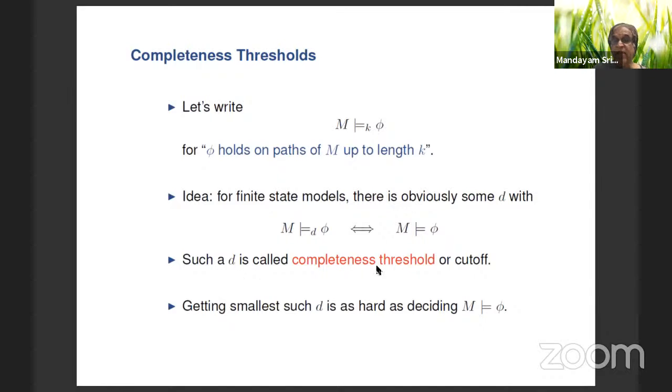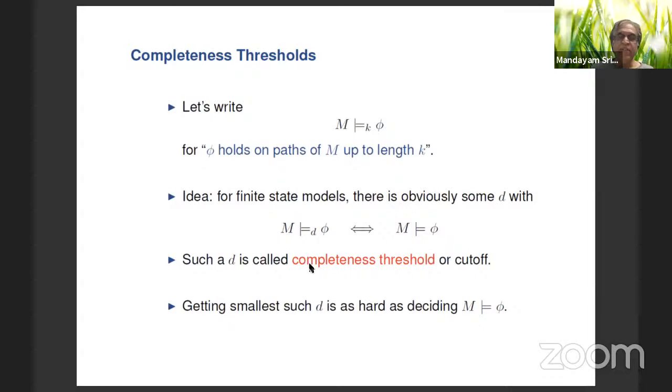Such a D is what we call a completeness threshold, and this is due to the fact that all counterexamples have to lasso. For finite state systems, the length of the largest lasso-shaped counterexample has to be finite.